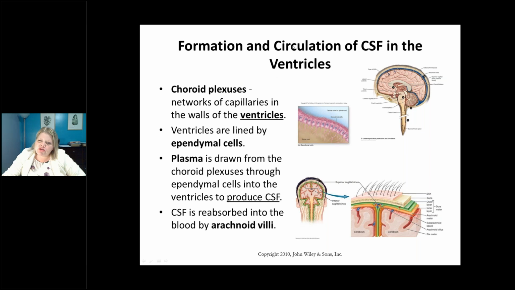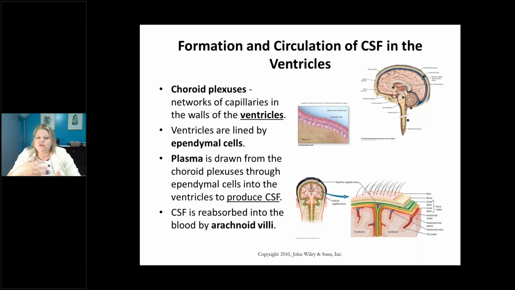Okay, so the formation and circulation of the cerebrospinal fluid in the ventricles. We already talked about how cerebrospinal fluid is returned back into the blood through the venous pathway, through the arachnoid villi in the superior sagittal sinus.